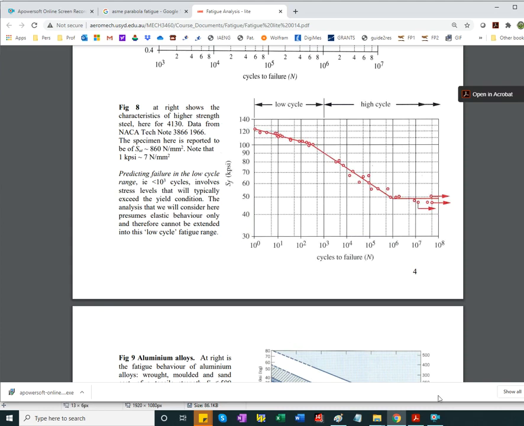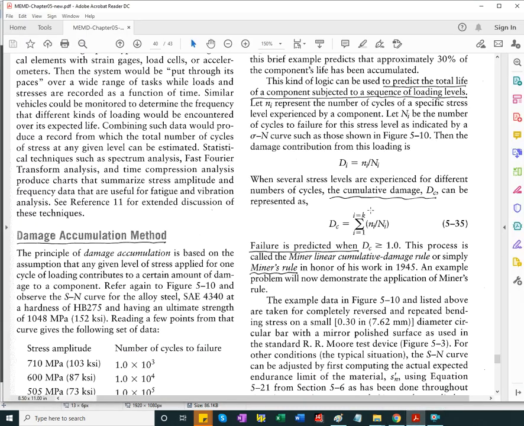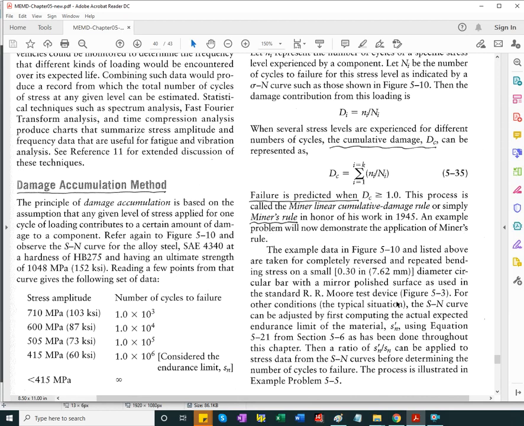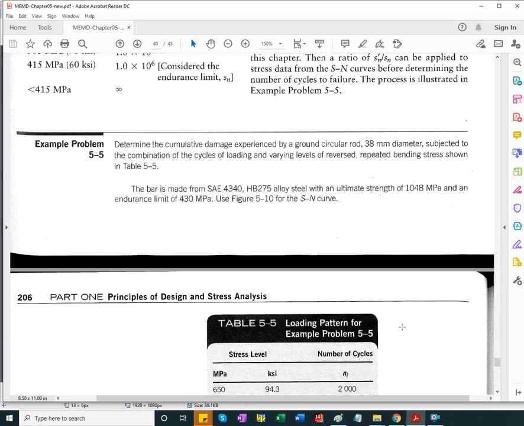So the Palmgren-Miner rule, this approach to design, applies to instances where you want to design for limited life. It allows you to calculate the cumulative damage, and again, it was started by Palmgren and Miner observing failure of rolling element bearings.